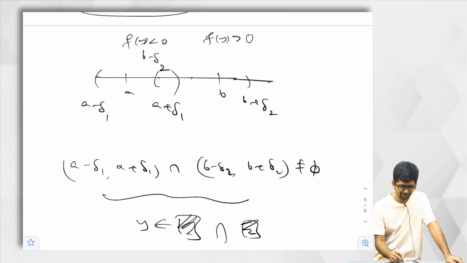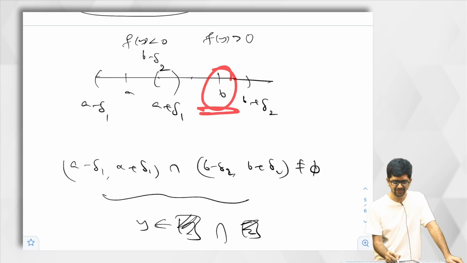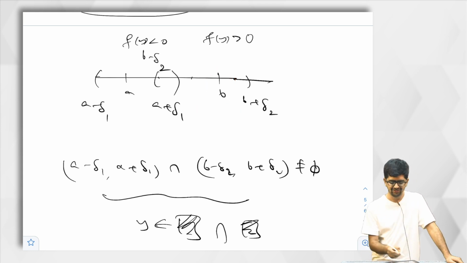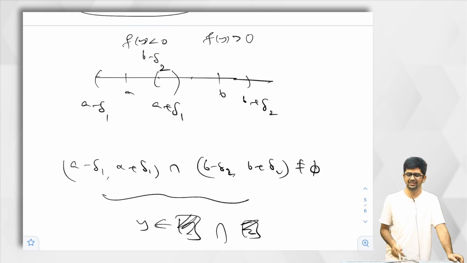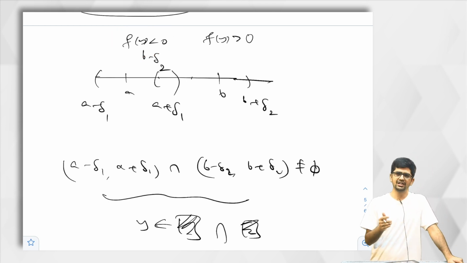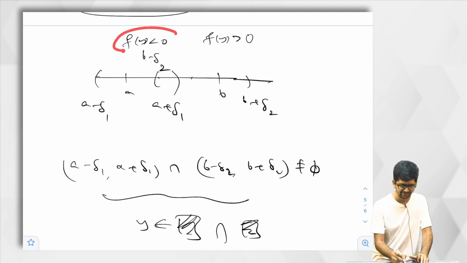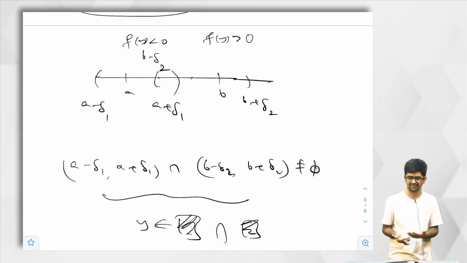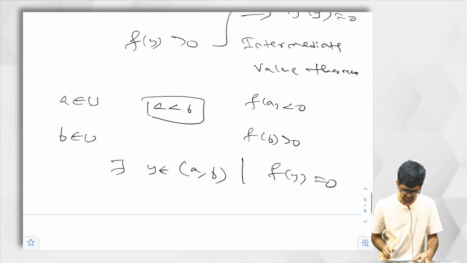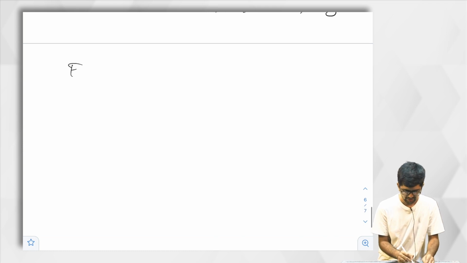If I move much further, I cannot reach b, because for b, f of b is positive. So this condition is not satisfied. So what we ask is, till what position can I move to the right side of this such that this property is still satisfied.